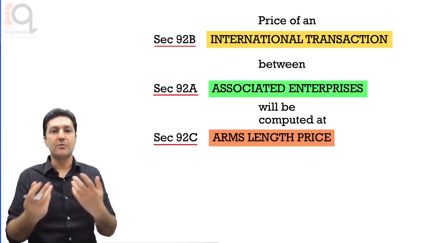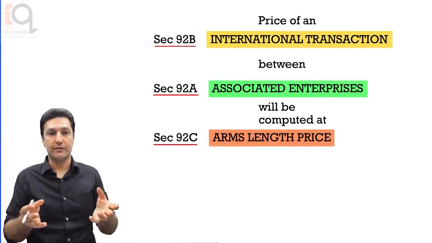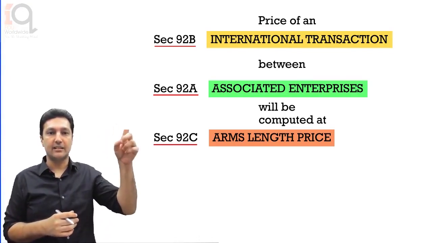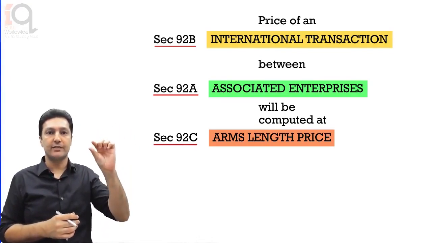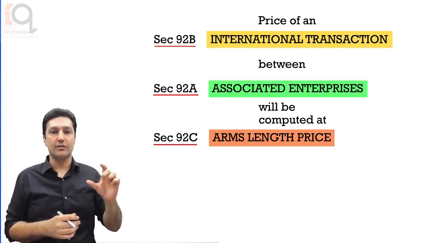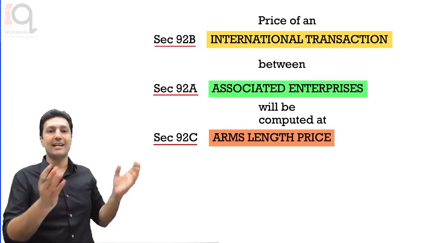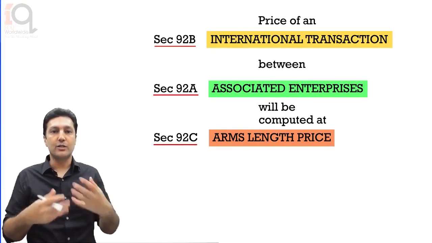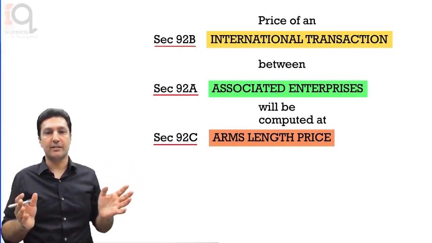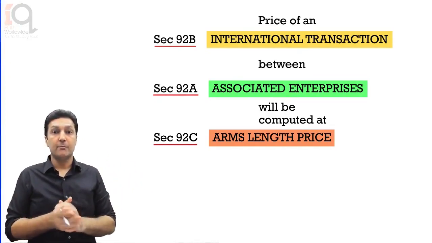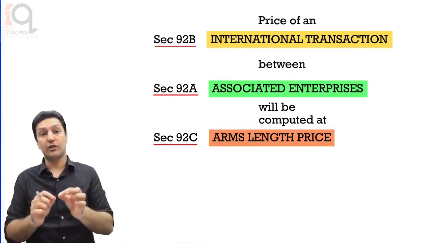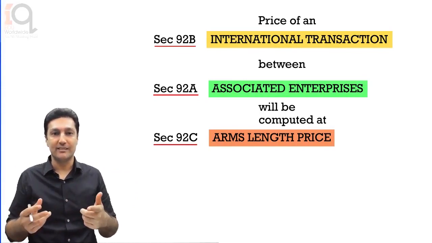We call it arm's length price, a price which is not influenced, because we believe that if there is an associated enterprise and there is that international transaction, then you manipulated the profits to show reduced tax in India or increased loss in India or apportioned extra overheads in India, so as to thereby reduce the income of either of the parties to the transaction which is accessible in India. By replacing the actual transaction price with what we call the arm's length price, income is going to be increased.